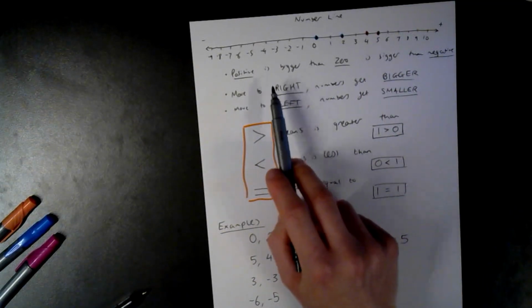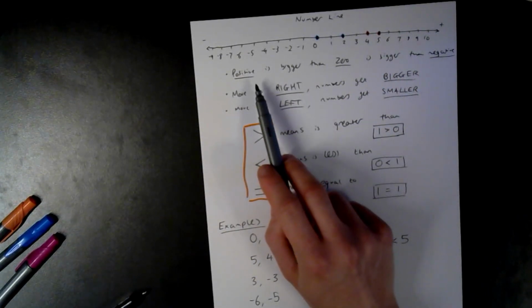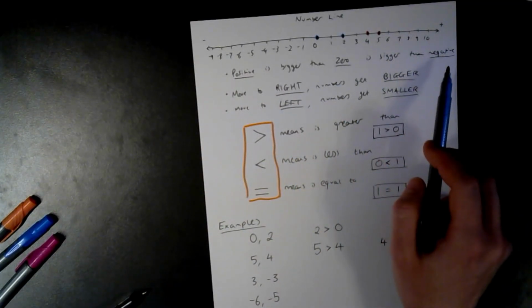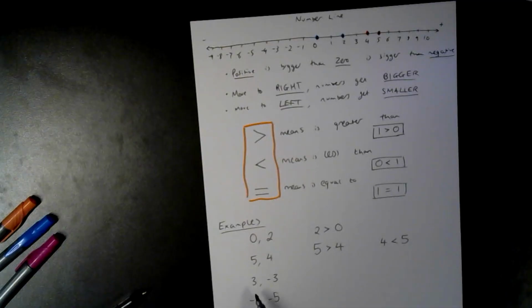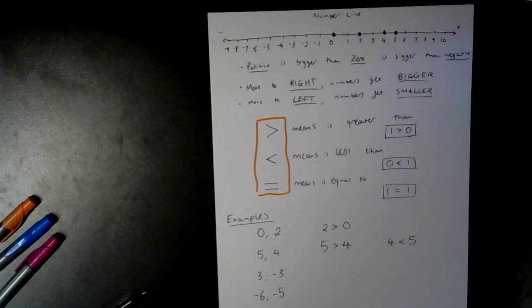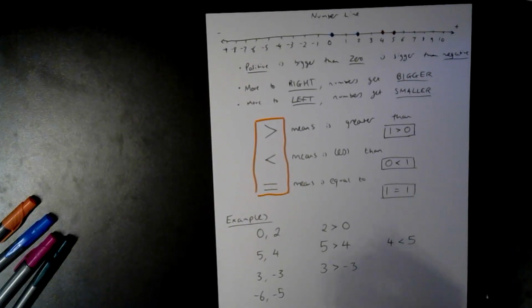It might save you a bit of work, which is that positive numbers are bigger than 0, which is bigger than negative numbers. And because we have a positive number and a negative number, then we can just compare them straight away. And we can say 3 is bigger than minus 3, or minus 3 is less than 3.